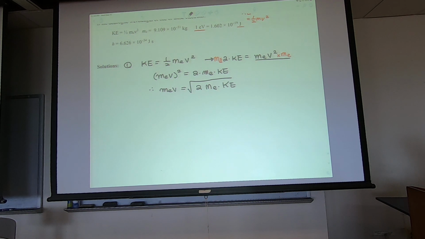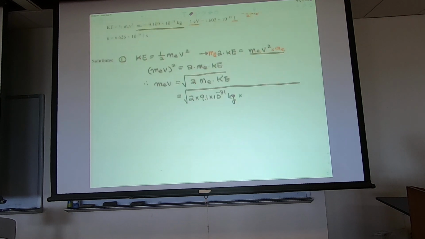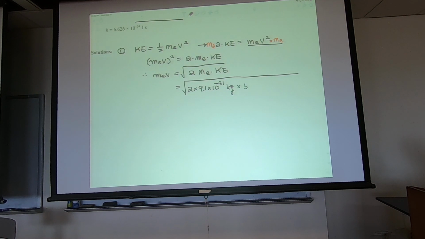So here, 2, and what was the mass? Well, it's shown up here. I'll just use the first two numbers, 9.1 times 10 to the minus 31 kilograms. And what was the energy? 506 electron volts.